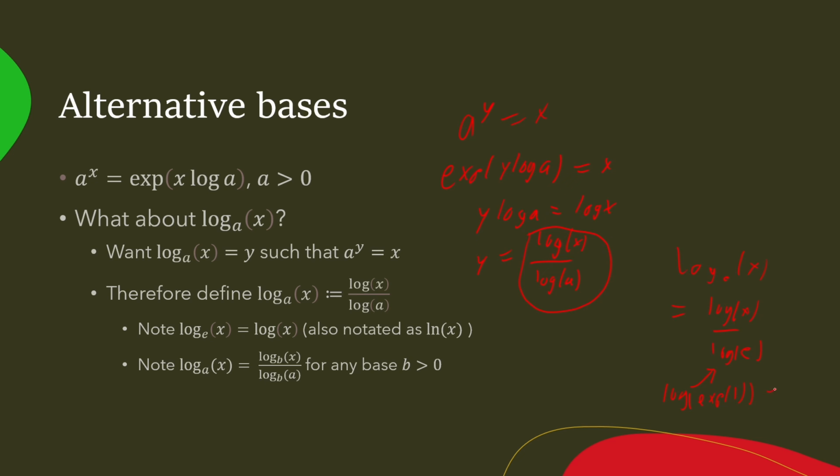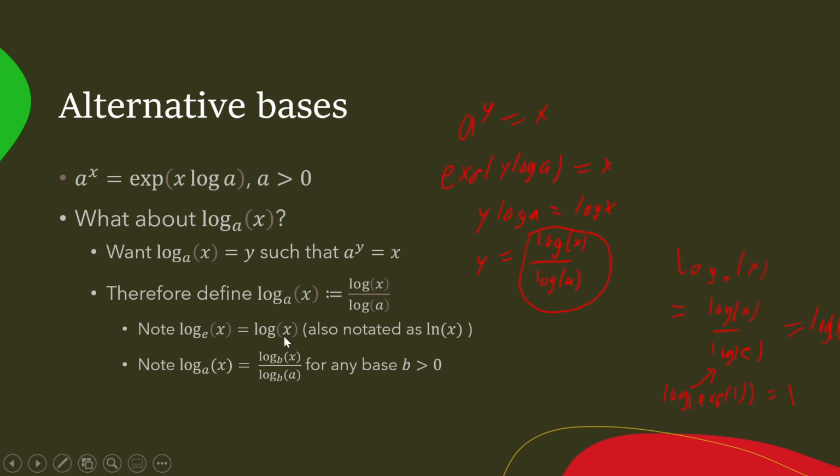And of course, log and exp undo each other, and you're just left with 1. So you have log of x divided by 1, and that just leaves you with log of x. So that shows you that log base e of x really is just log of x.